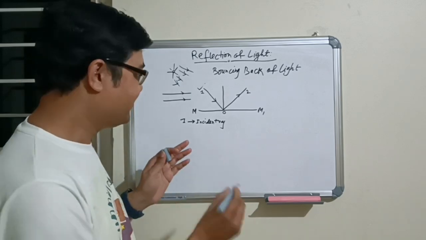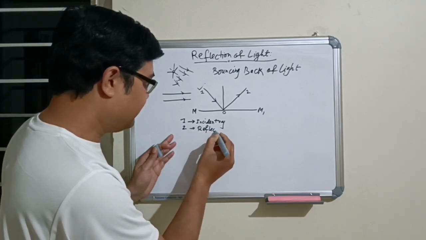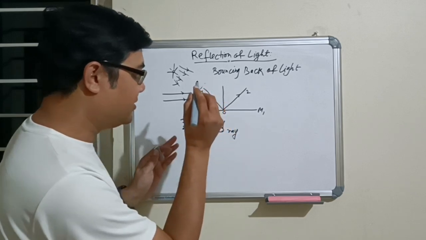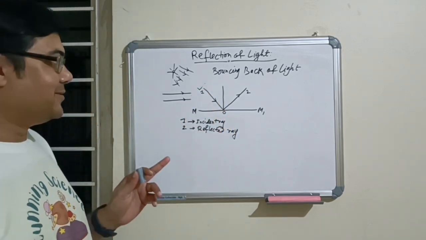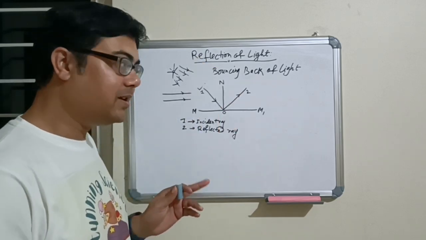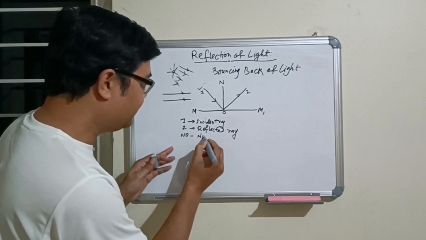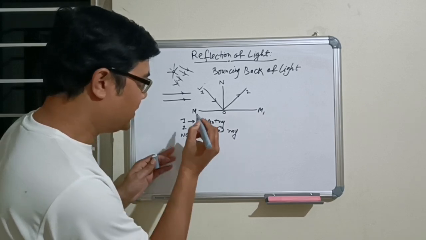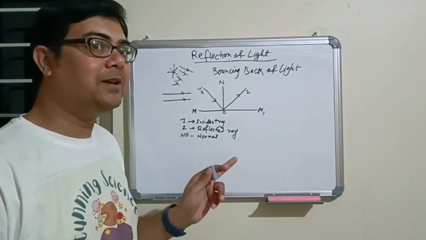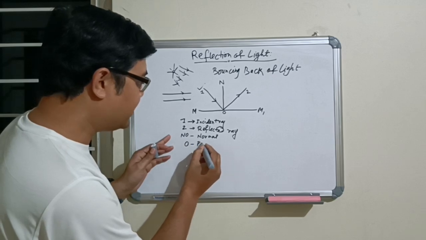Ray 2 is the reflected ray or reflected light. And this is the normal. We can write NO, normal. It is drawn perpendicular to the mirror surface at the point of incidence. So O means point of incidence.